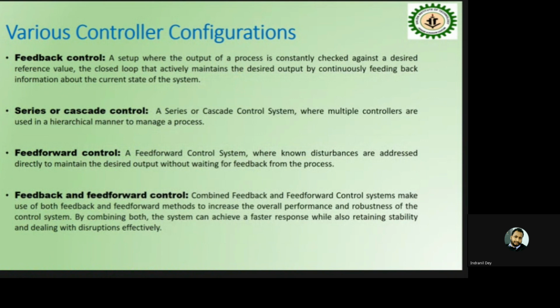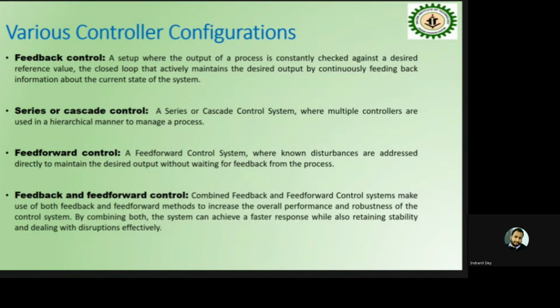Before we start designing any control configuration, let's see the various types of control configuration available in control engineering. The first one is the feedback control. The most commonly used control strategy is the feedback control strategy.